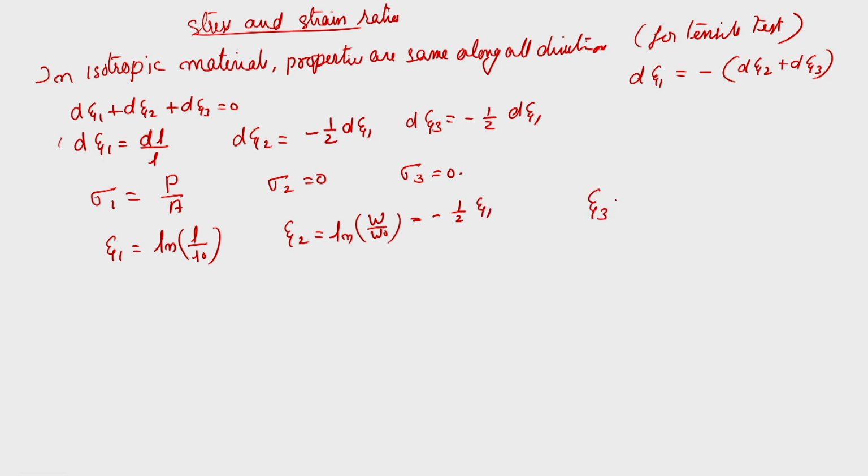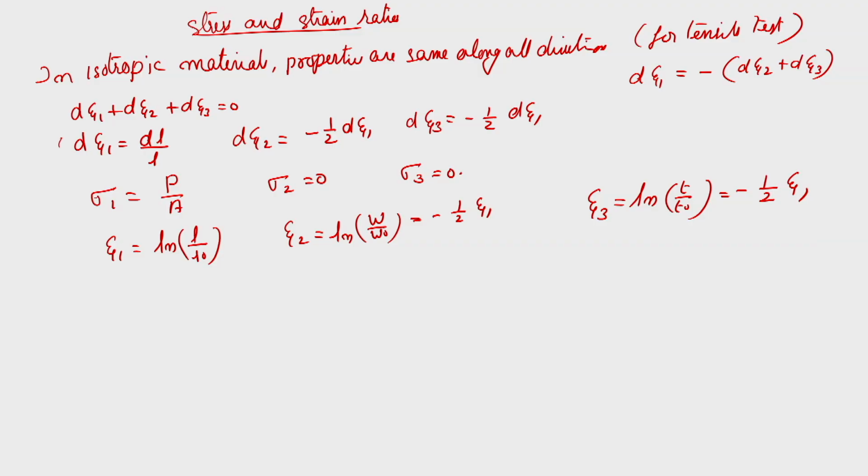Similarly, epsilon 3 is equal to log T by T naught, that is also equal to minus half epsilon 1. Because for a uniaxial tensile test, we are assuming the stresses are only along one direction, the stresses in the other two directions are 0. That is why you have some geometric constraint to have a uniaxial tensile test.